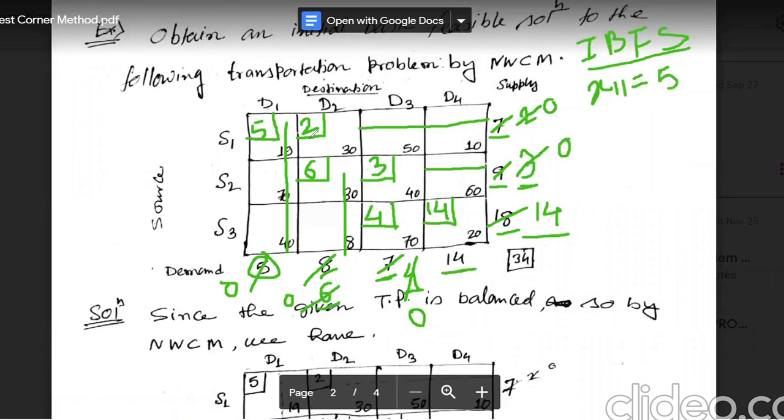Then you have allocated 2 units here. This is the position X12, and it is 2. Then this is the position X22, and that is 6.